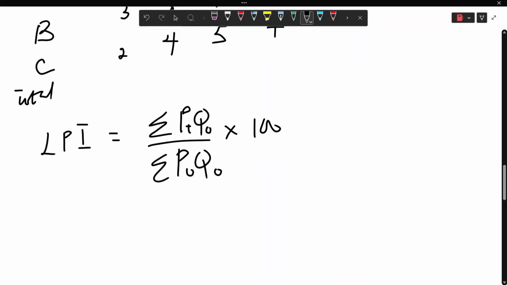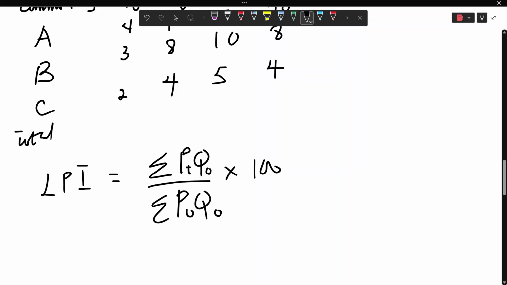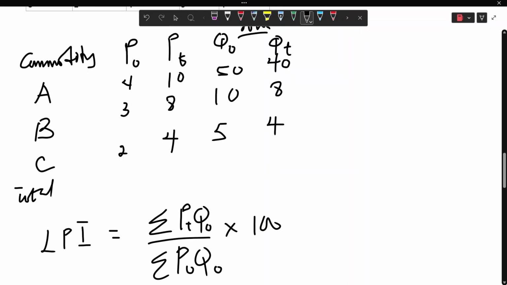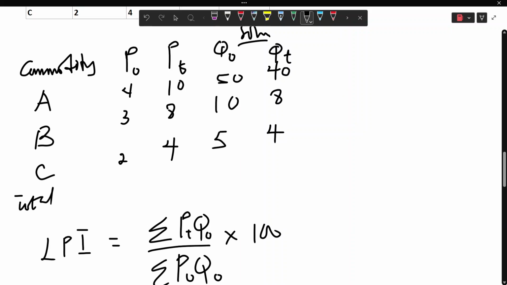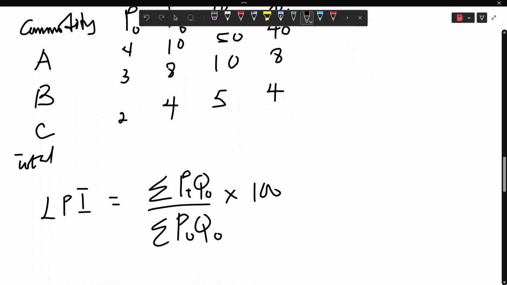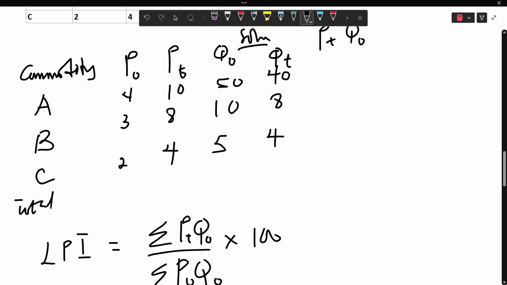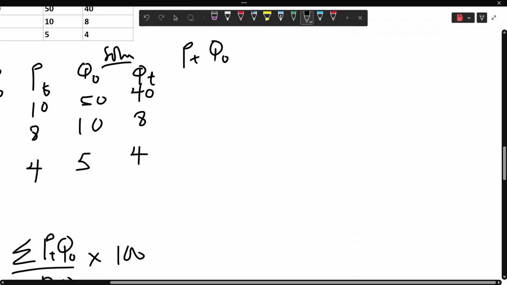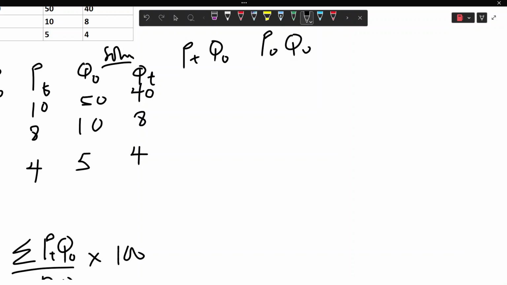Per the table here, we have to find the summation of current year prices and base year quantities. So let me create another column, current year prices times base year quantity. Another thing we will also need is base year prices and base year quantity.